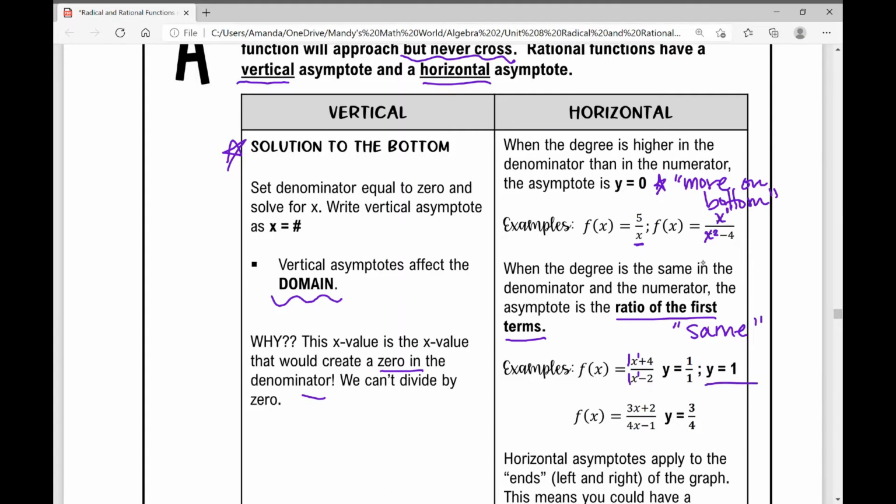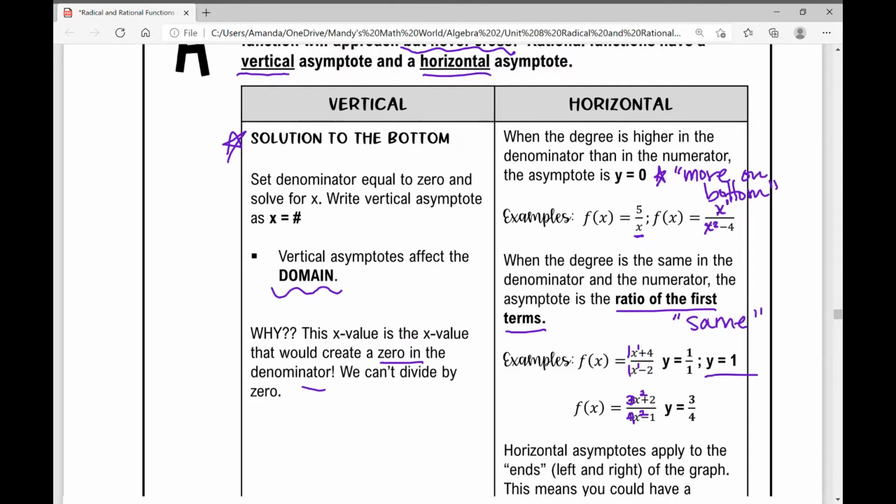In the next example, we have the same type of situation, and so your horizontal asymptote would be, again, the ratio of the first terms, which would be y equals 3 over 4. So let's say this exponent right here was like a 2, and that was a 2. It'd still be the same thing, okay? It'd be the ratio of the first terms, or the leading coefficients.